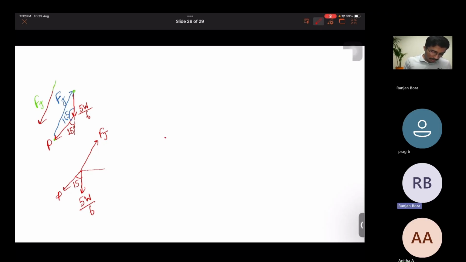So what is the equation if we use Lami's theorem?